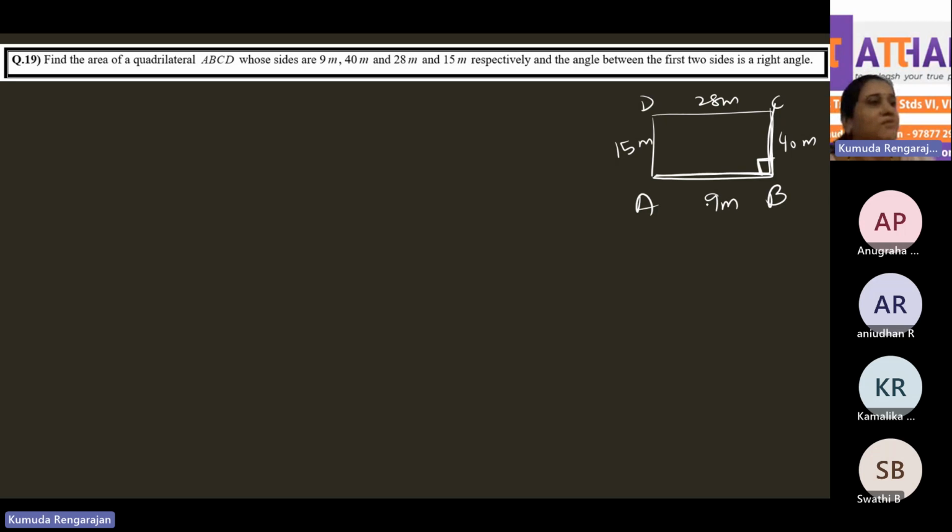Supposing they say the angle between the second and third side, BC and CD, this is 90 degrees. Supposing they say the angle between the third side CD and fourth side DA, this is 90 degrees. If they say the fourth side and the first side, this is 90.